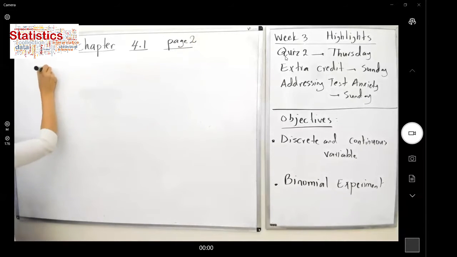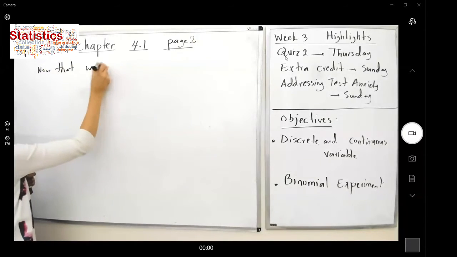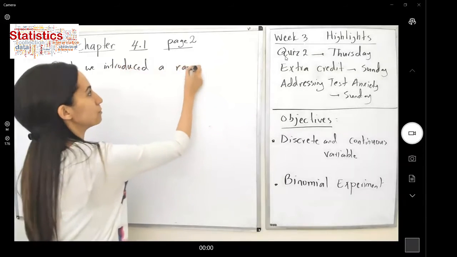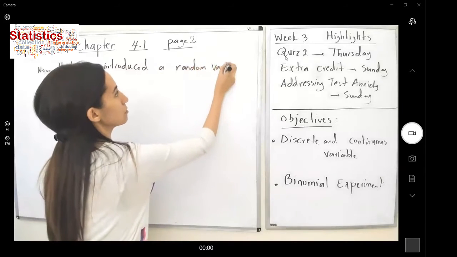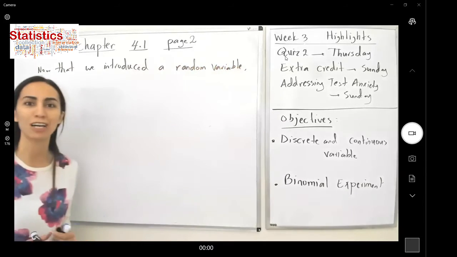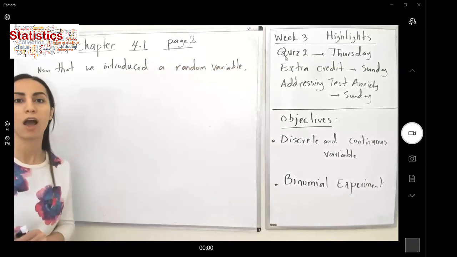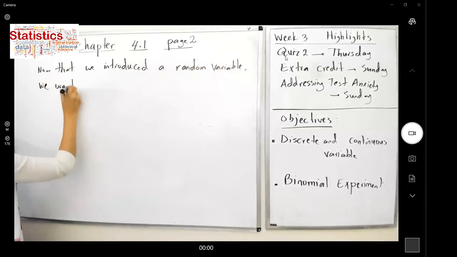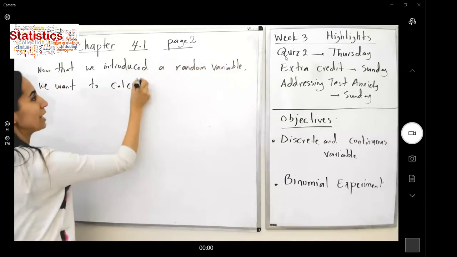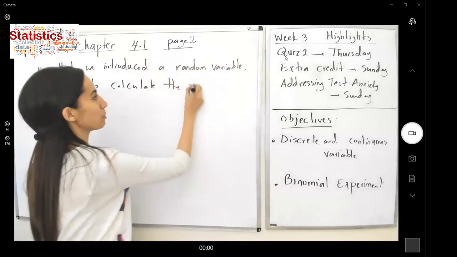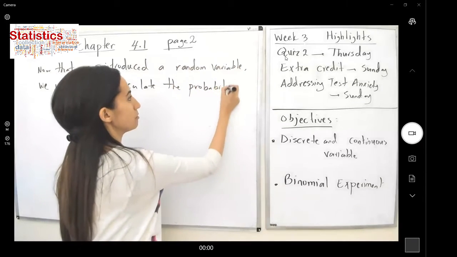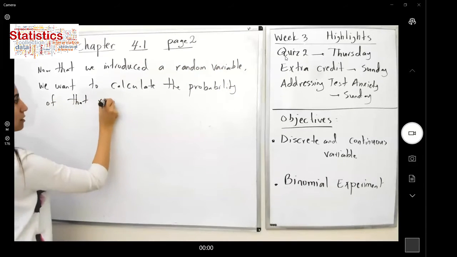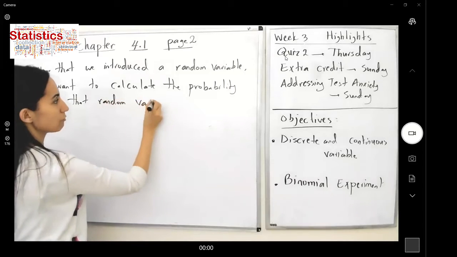So now that we introduced a random variable, we want to talk about the probability of that variable. We want to calculate the probability of that random variable.